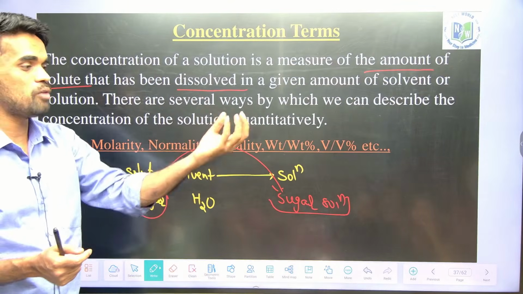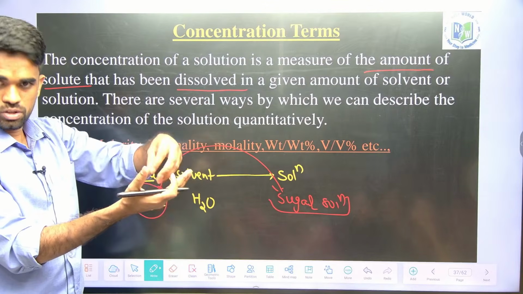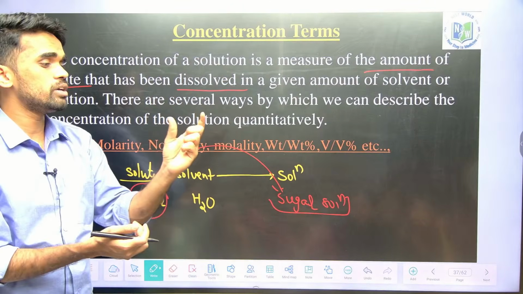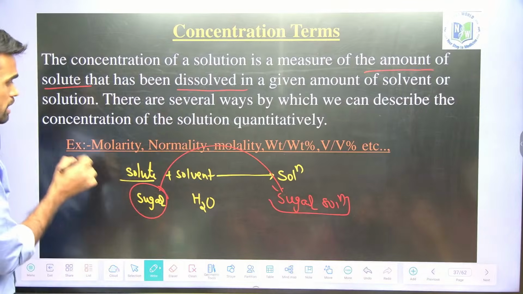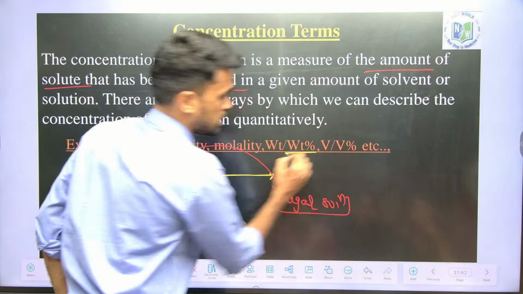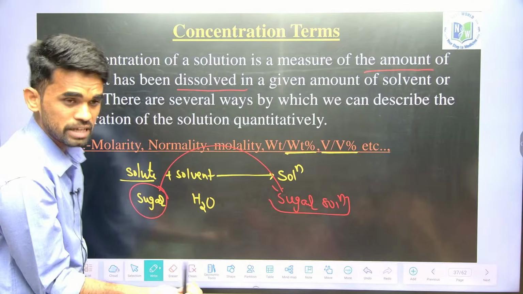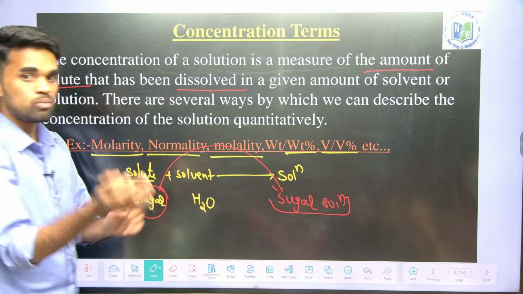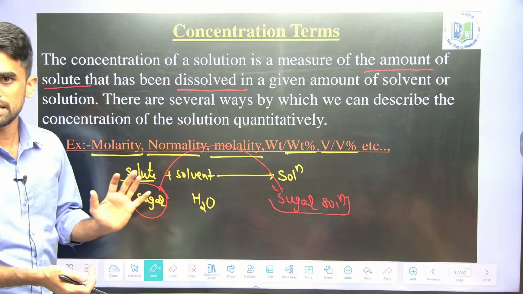It is the measure of the amount of solute that has been dissolved in a given amount of solvent or solution. Concentration terms are of different types: weight by weight percentage, volume by volume percentage, weight by volume percentage, then molarity, normality, molality, mole fraction. One by one we will study now.